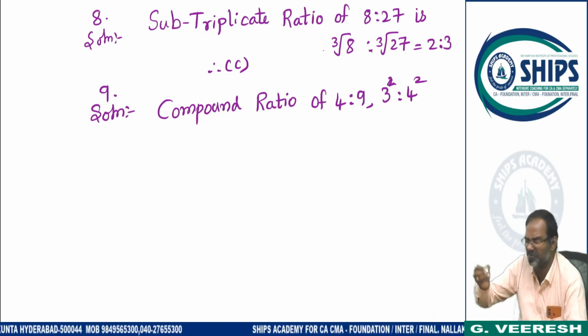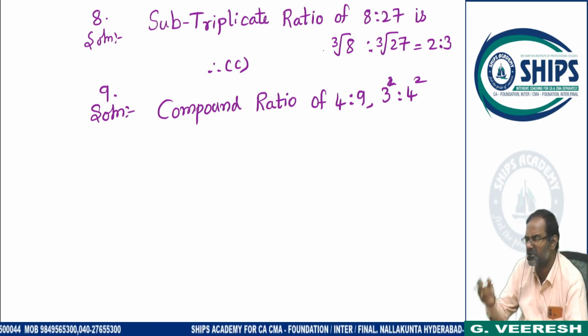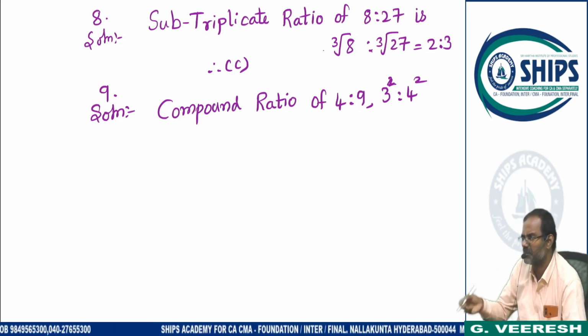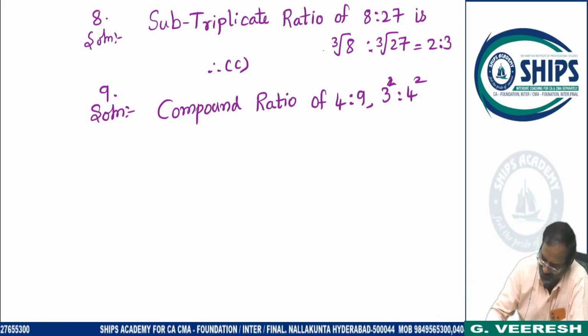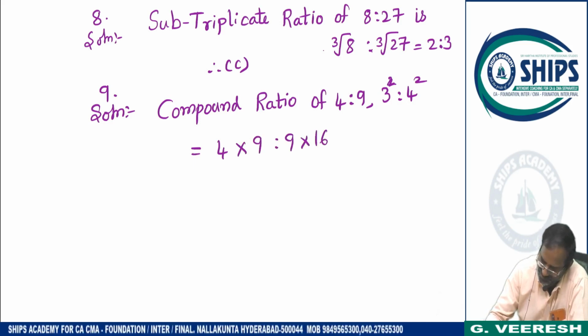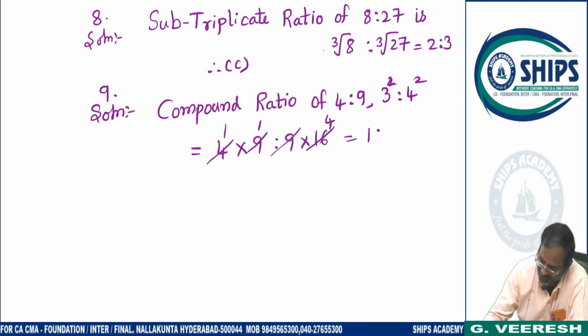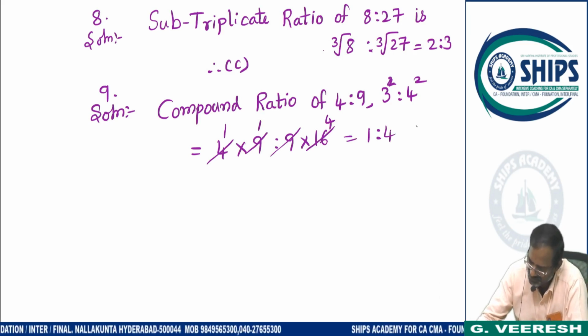So directly combine whatever they say: first ratio duplicate, second ratio triplicate, third ratio subduplicate, fourth ratio subtriplicate, all that we have to write in one row. Now it is nothing but what? So 4 into 9, 9 into 16. So 9 will cancel and 4 ones are 4, fours are. So it is 1:4. 1:4 means which option? Option A.